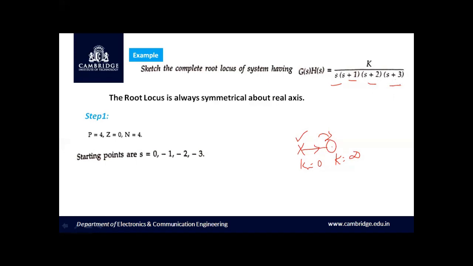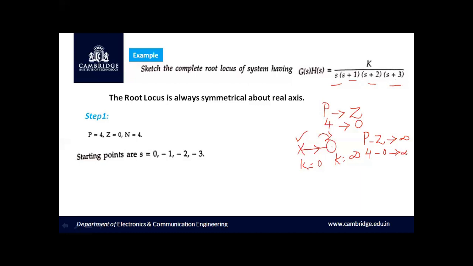And for the terminating points, we know the procedure. P poles will be terminating at Z zeros. Four poles have to be terminated at Z zeros. As we don't have any zeros here, we know from the continuity of rule number 2 that P minus Z branches will be terminating at infinity. In this example, P is equal to 4 and Z is equal to 0.